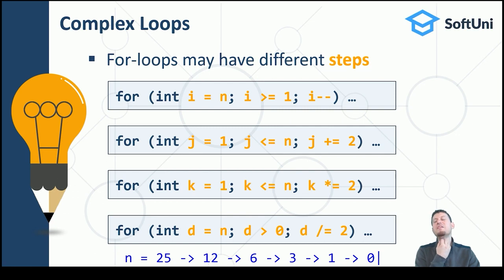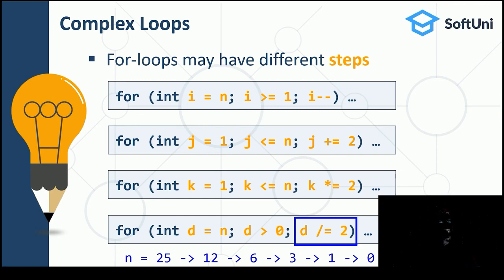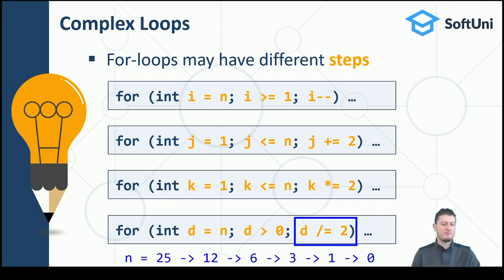So this is another way to use a special kind of step calculation process like this formula in order to achieve more complex loop logic. Usually the last one might be used to find the number of bits in a certain number, or to convert a number to a binary form or something like this.